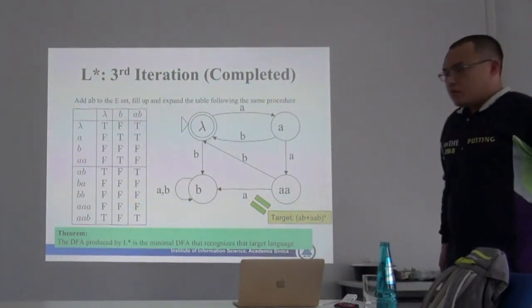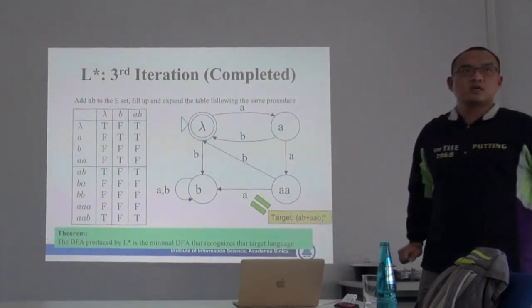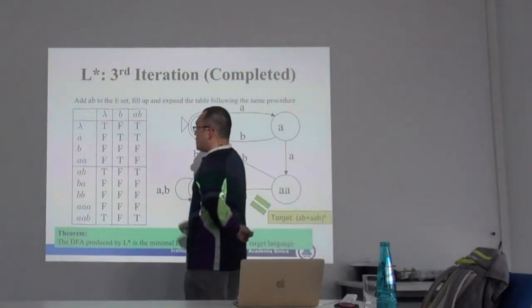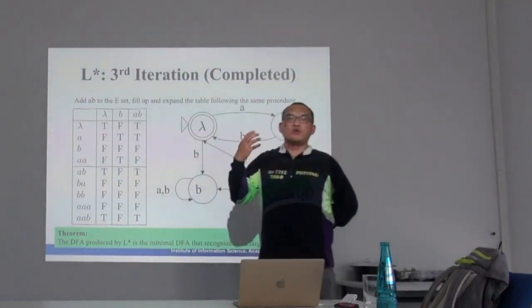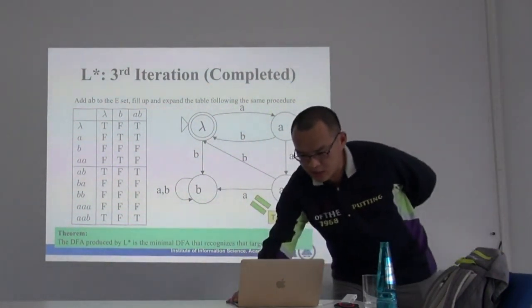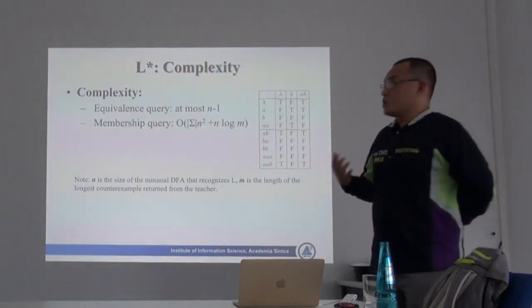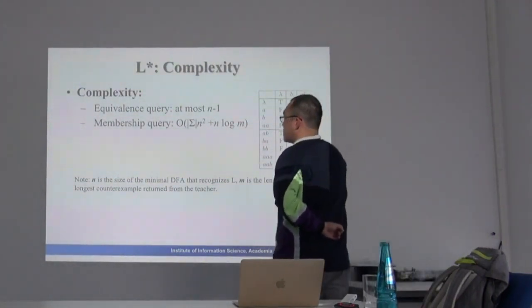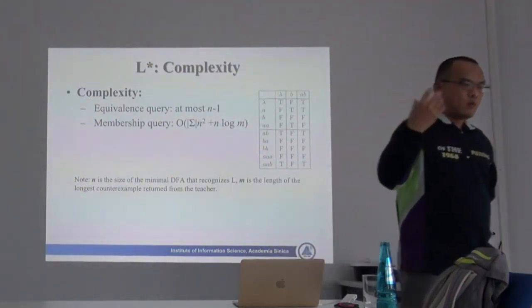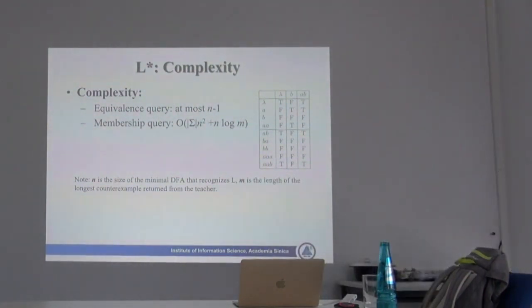And why is the algorithm correct? Because there's a guarantee that for each equivalence query, if your conjecture automata is not correct, you can get one more concrete example, and from the concrete example, we are guaranteed to discover at least one more state.